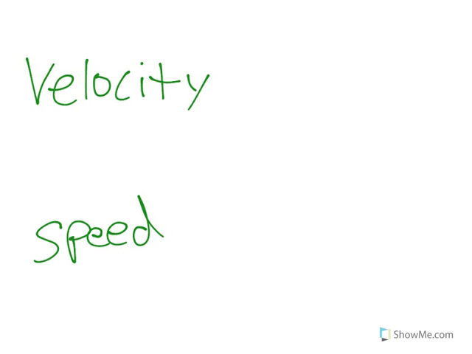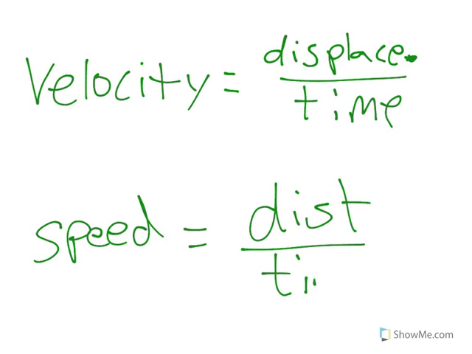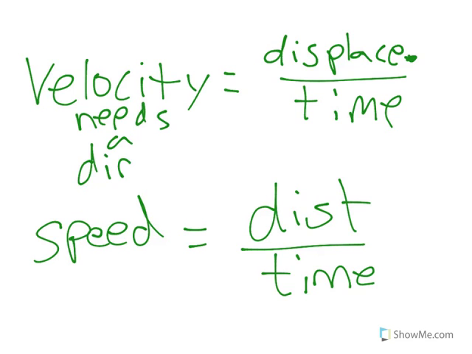But for this particular unit, you need to make sure you know the distinction: velocity is displacement over time and speed is distance over time. And since displacement is a vector, velocity needs a direction. Okay? Make sure your velocities have a direction.